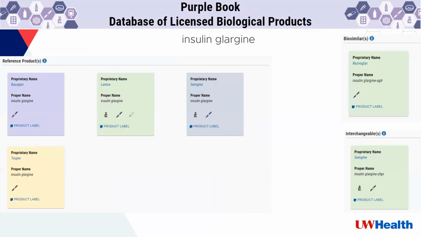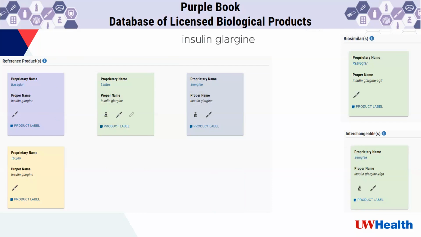The next example that I'll walk through is insulin glargine. This is one of our older biologics, so it's a little bit more unique and confusing. With this one, we see that there are 4 different reference products: Basaglar, Lantus, Semglee, and Toujeo. They all have a different color associated with them, and that color helps to distinguish, when you are looking at the purple book, which medications are biosimilar to which.